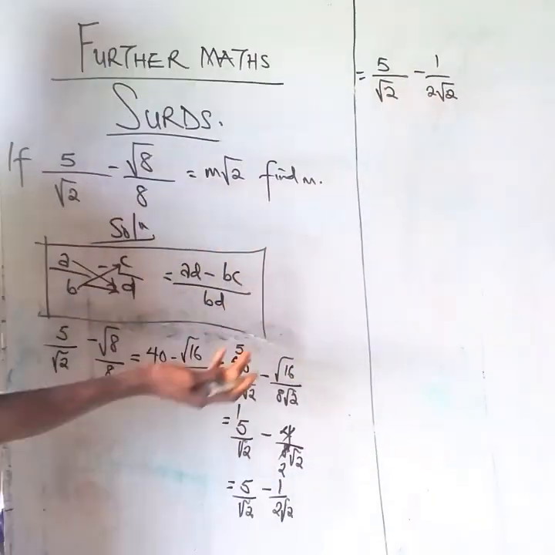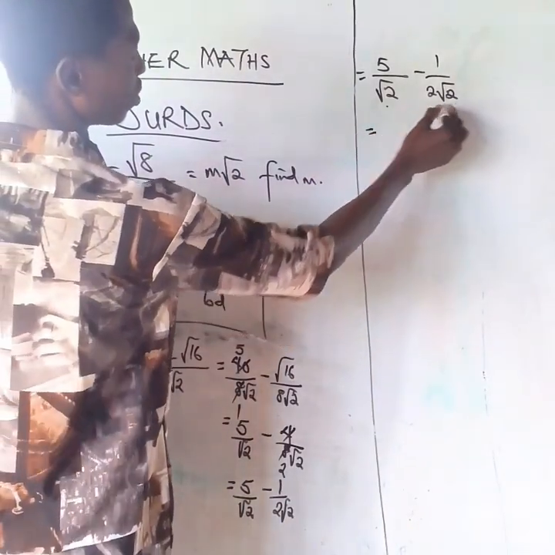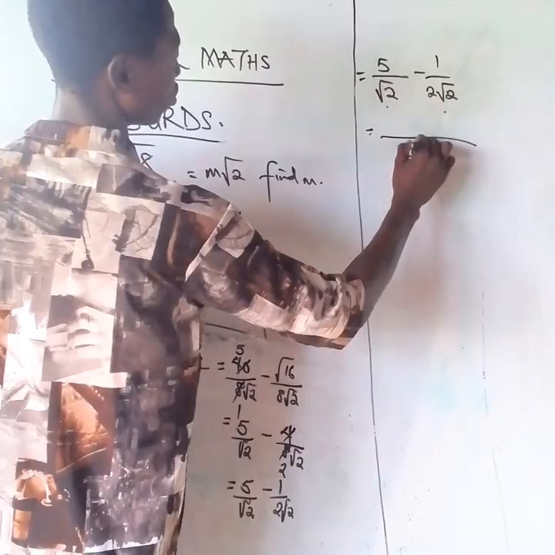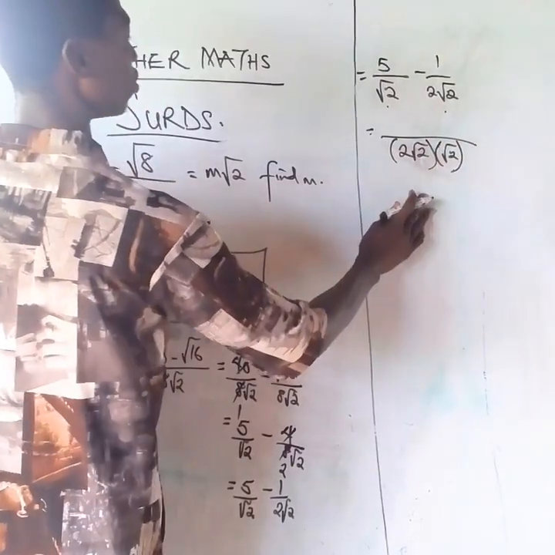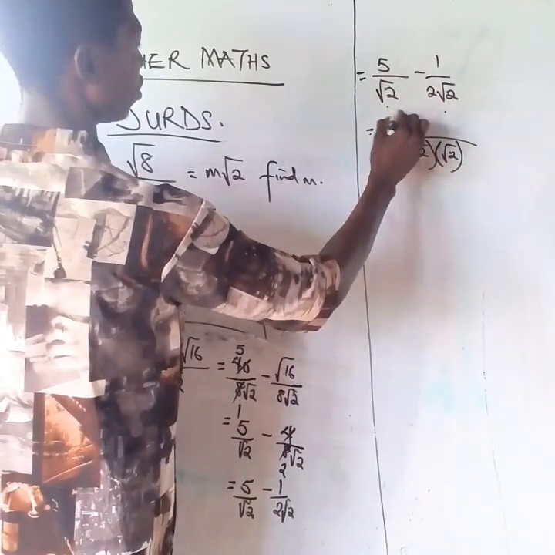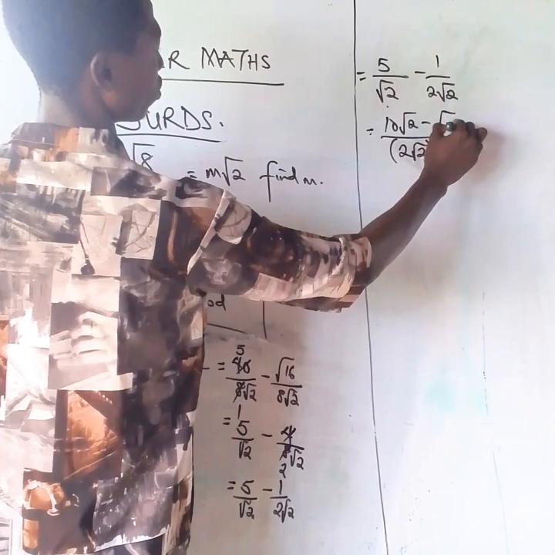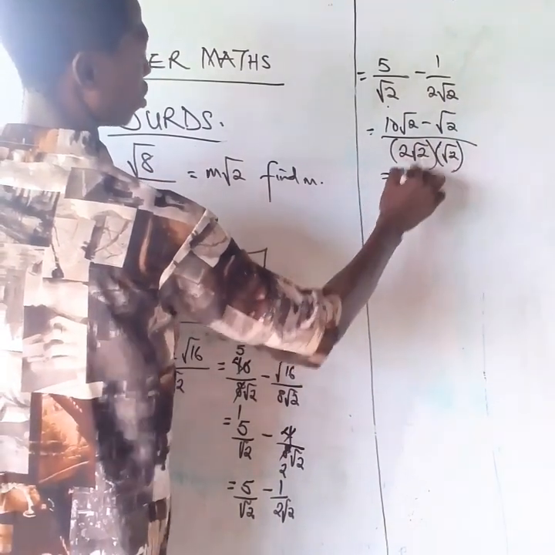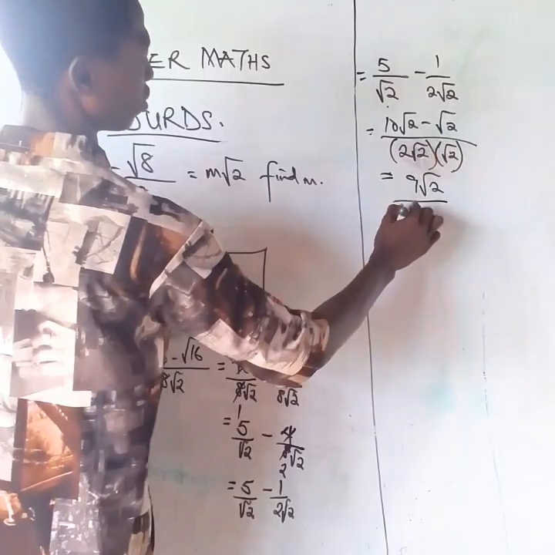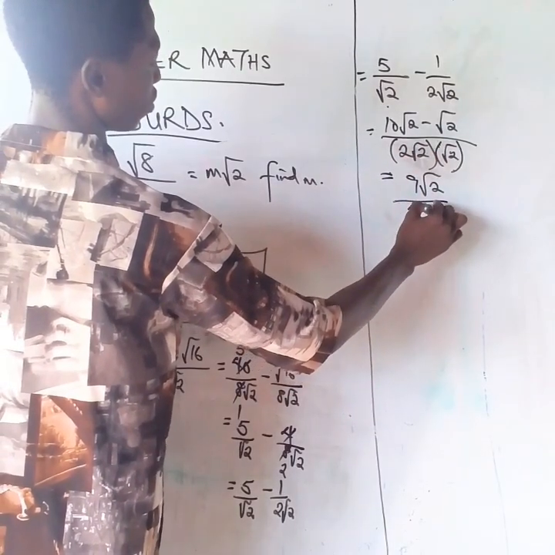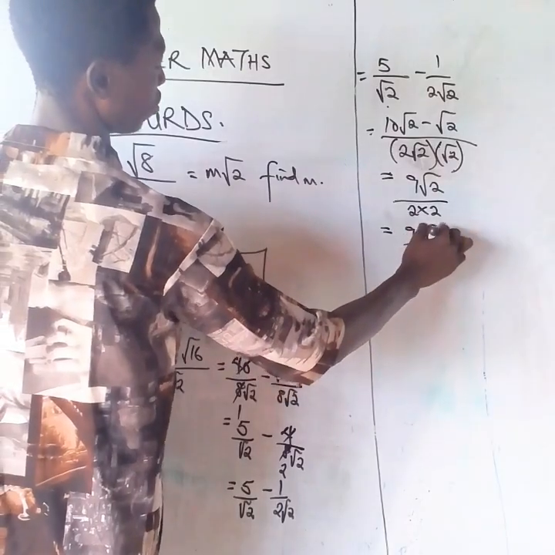Now, applying what we've done before. What is the LCM now? It becomes this times the, let me just bring it, 2 root 2 root 2. So you have this is half 10 root 2 minus this is root 2. 9 root 2 over this times this gives you 2 times 2, which is 9 over 4 root 2.